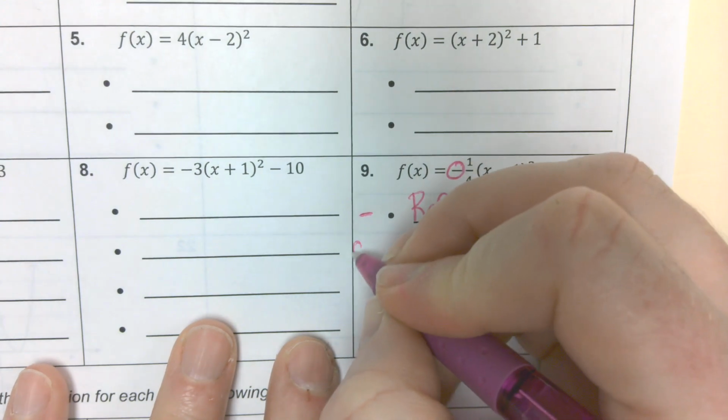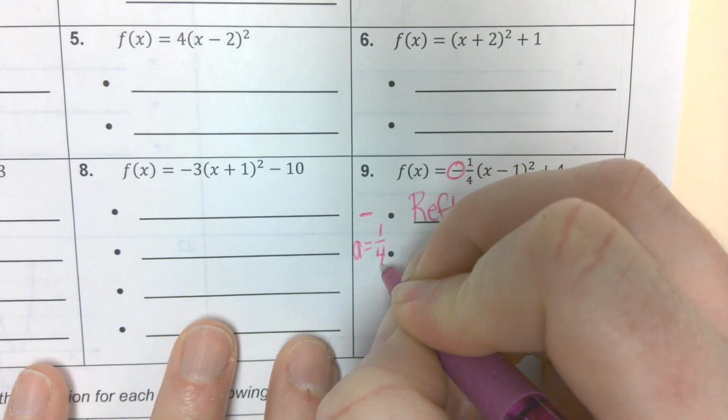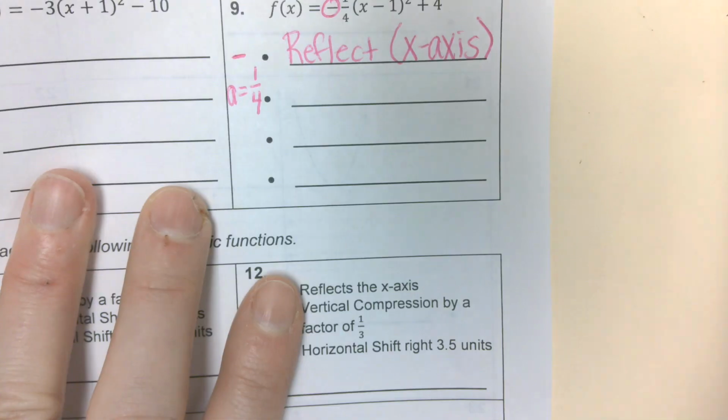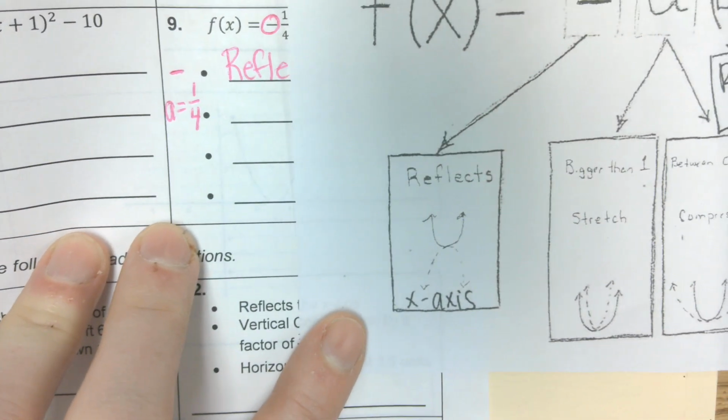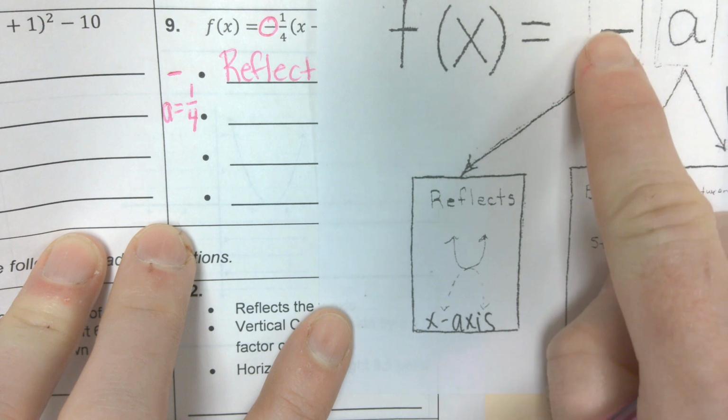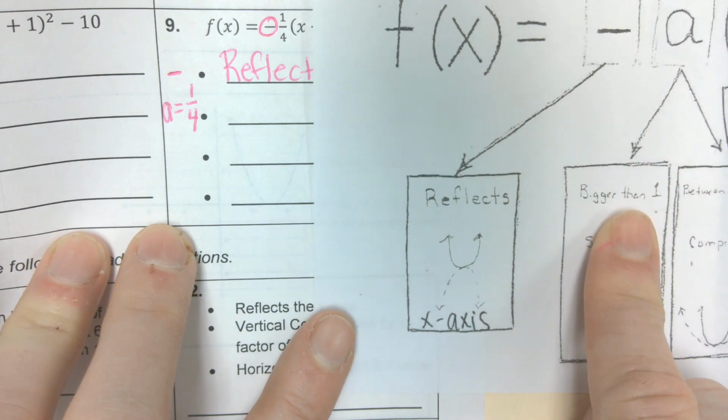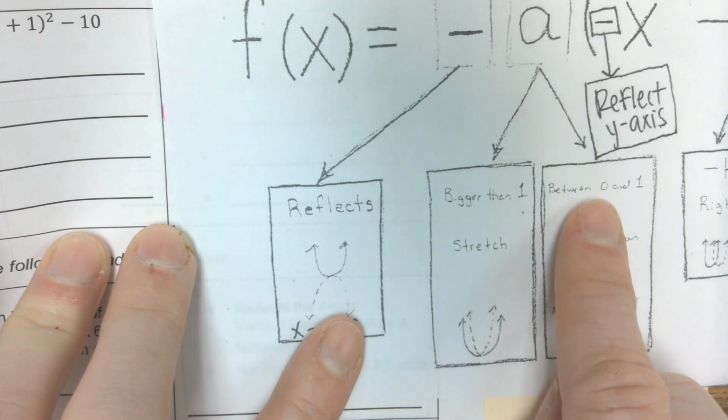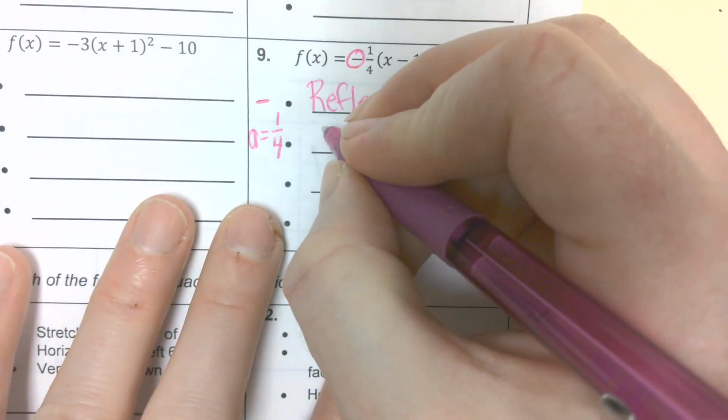All right, what about A? A is 1/4. What is that going to do according to our notes? It's not bigger than 1. It's actually 0.25, so it's a compression.